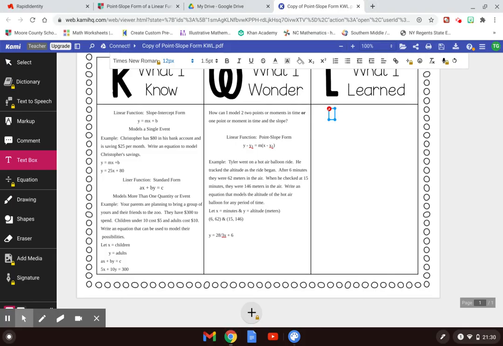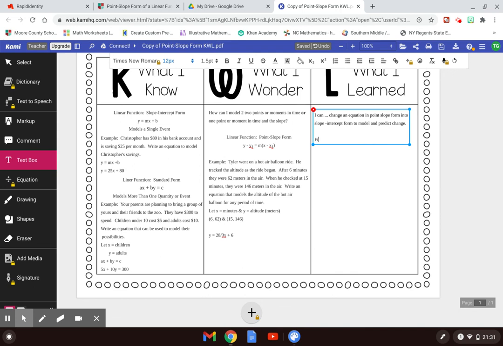So what have we learned today? Okay, so that's what we've learned today, is you can change an equation in point-slope form into slope-intercept form to model and predict change.